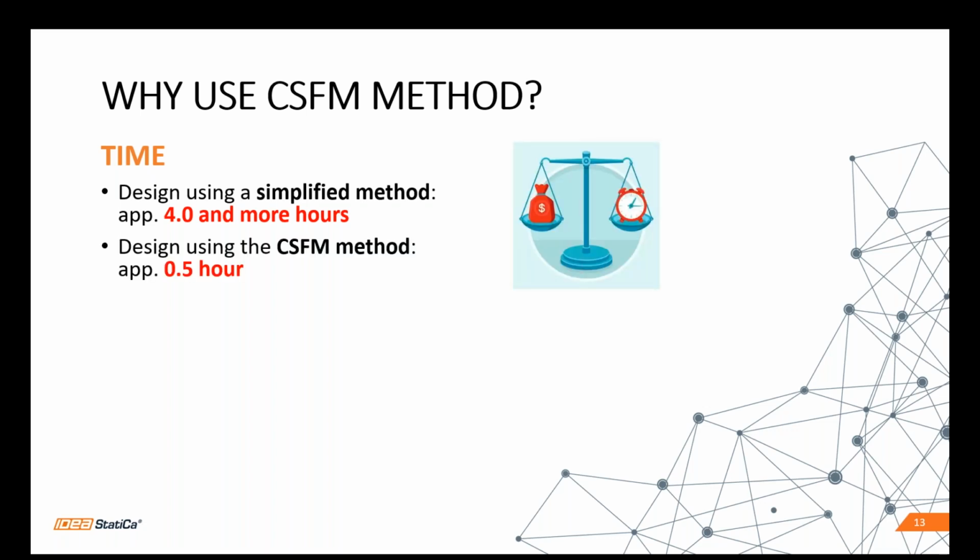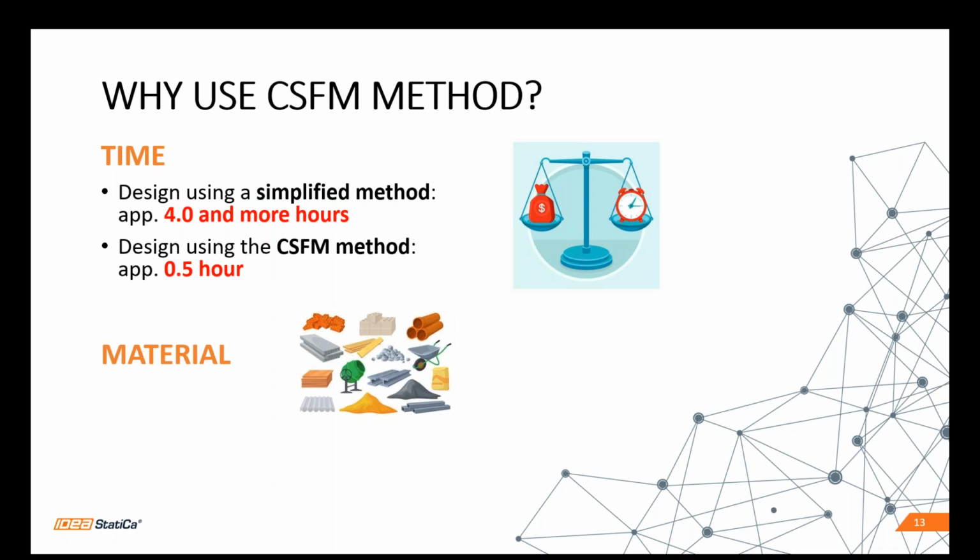But if you use the CSFM method, you saw that it took me really, I don't know, 15 minutes to design and code check such a structure. So that's a really important factor why to use the CSFM method. And another reason is to save and optimize material.